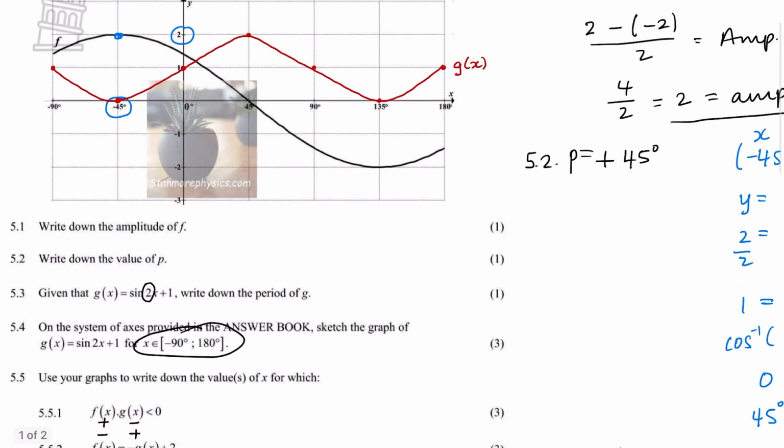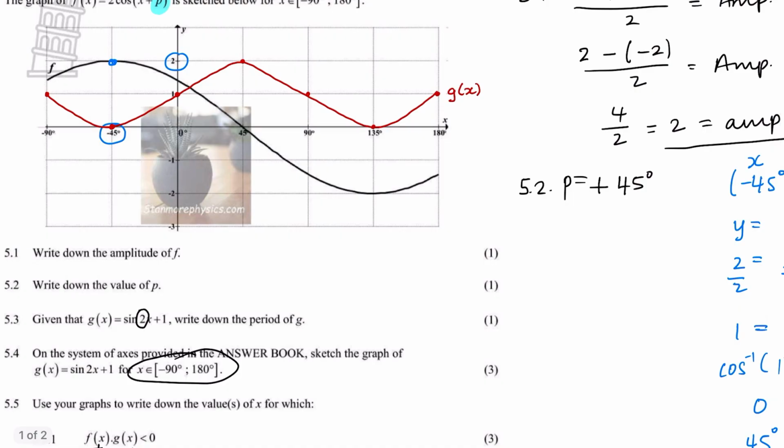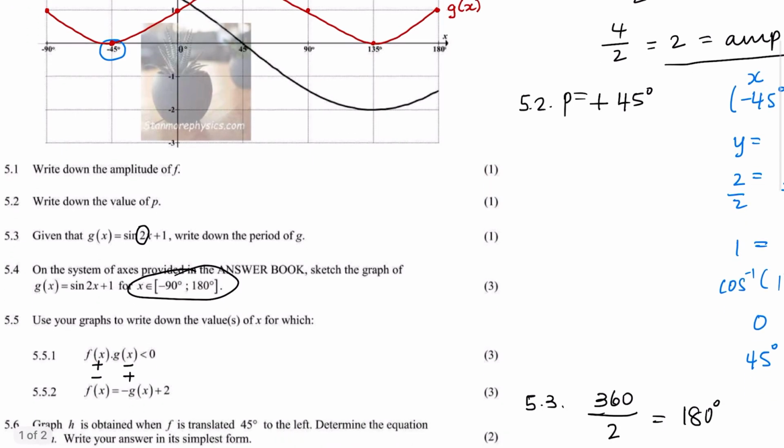Now, if we notice the function that we just drew, the g of x, it does not go below the x-axis. So in other words, g of x is always positive. So this first restriction will not apply. That means all we are looking for is where f of x is negative, and that's going to be our solution.